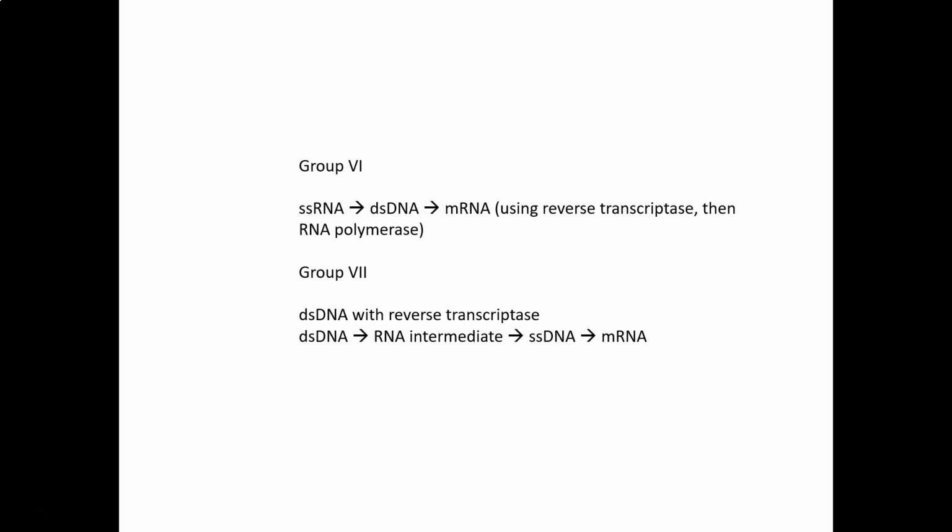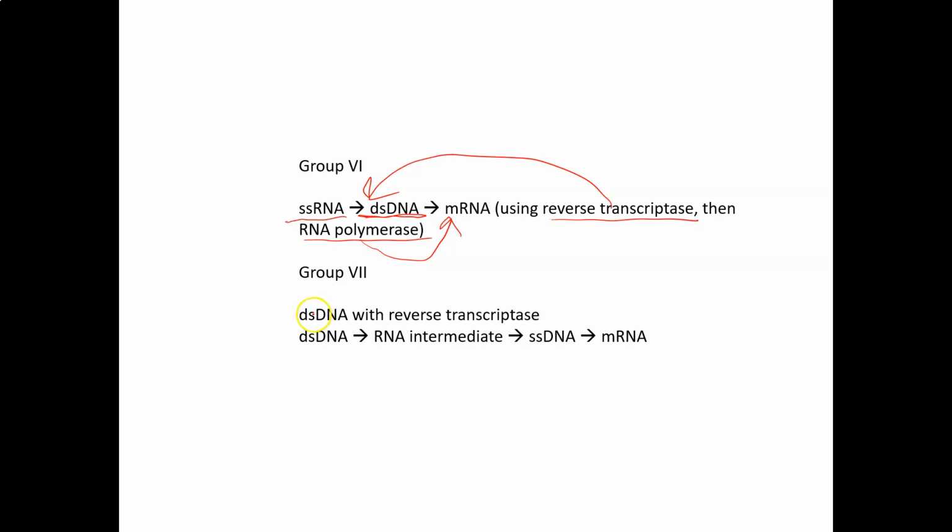In group 6, single-stranded RNA is converted to double-stranded DNA, and that process uses reverse transcriptase, and then RNA polymerase is used to convert the double-stranded DNA to messenger RNA, and then you have your messenger RNA converted to protein.